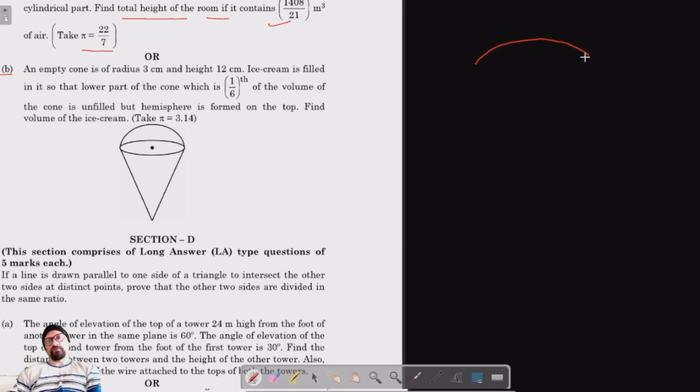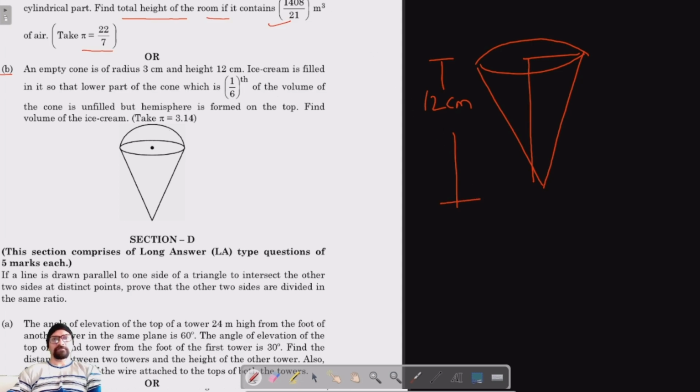So empty cone is of height 12 centimeter.